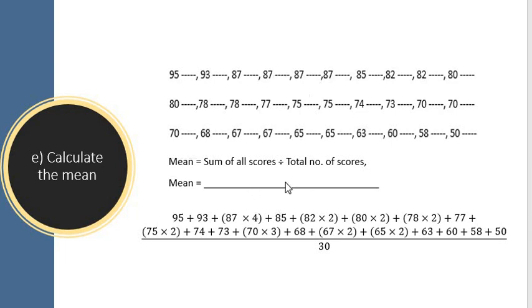We can just say 87 times 4. That should be the same answer. 82 times 2, same as 82 plus 82. 80 times 2, same as 80 plus 80. Whichever you think is faster for you. And then once we add up all of those, we're going to divide by 30. And that is the mean.